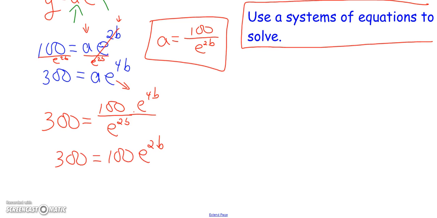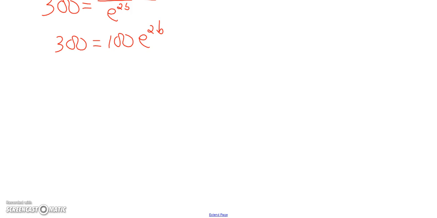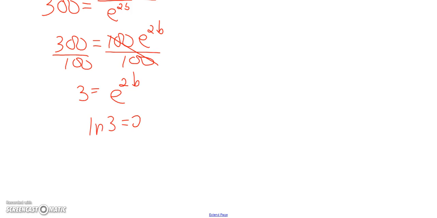And this is now an equation that we can solve for b. What do I mean by that? I mean divide by 100 and get it in exponential form, which we've been doing the past couple days. Once you're here, I hope you're saying, well, that can go into logarithmic form. You're going to be able to say ln, or log base e, of 3 equals 2b.